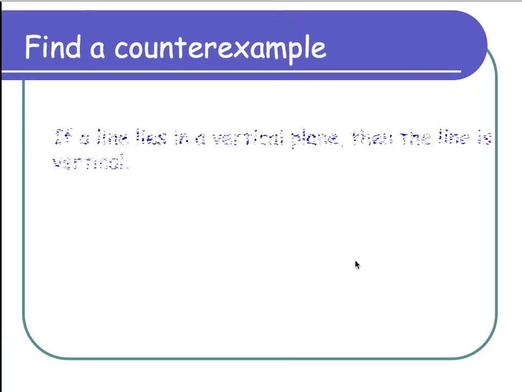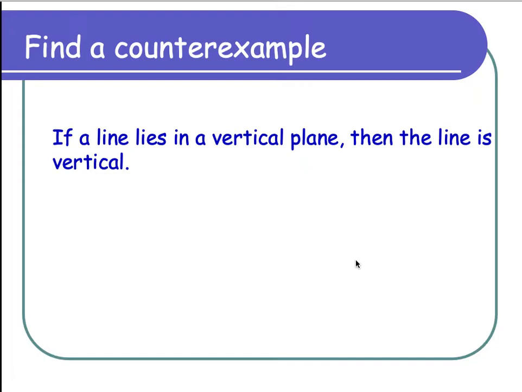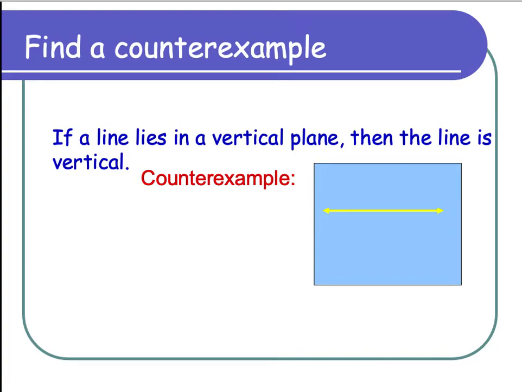Find a counterexample on this one. If a line lies in a vertical plane, then the line is vertical. You may use an illustration to give the counterexample, just like this one.